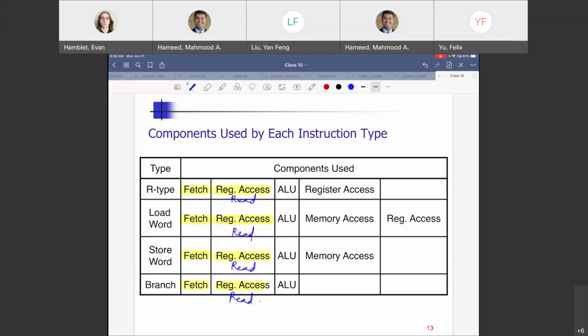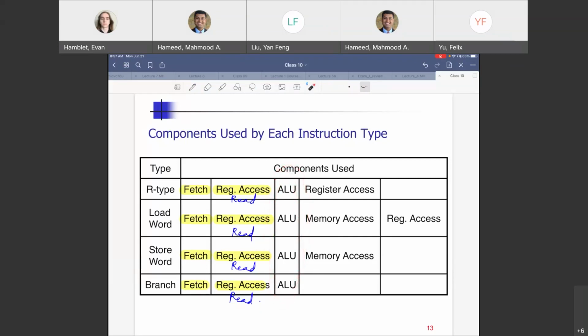But the register access at the beginning is for reading. After you read the contents of a register, the second operand may be a constant, or it may come from the register file itself. The next one is the ALU.